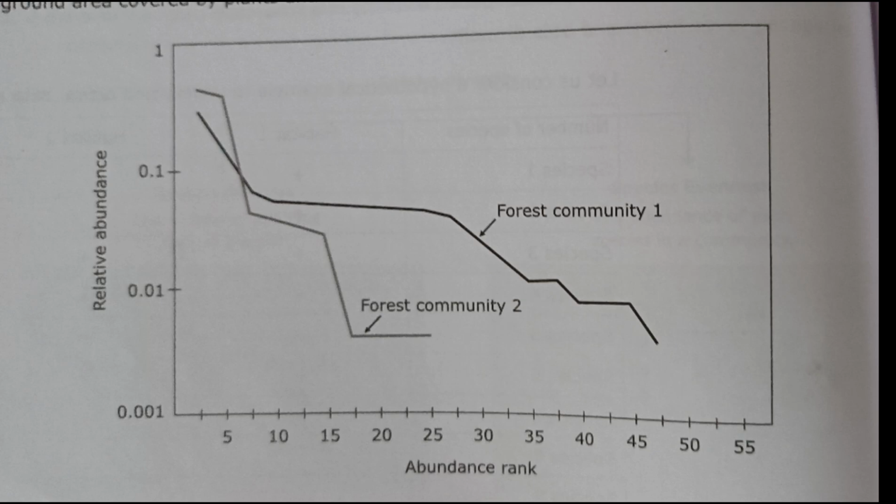Now I am going to show that rank abundance plot in this particular diagram. It is like this. There is a graph here. Here abundance rank is present, and relative abundance on the y-axis.